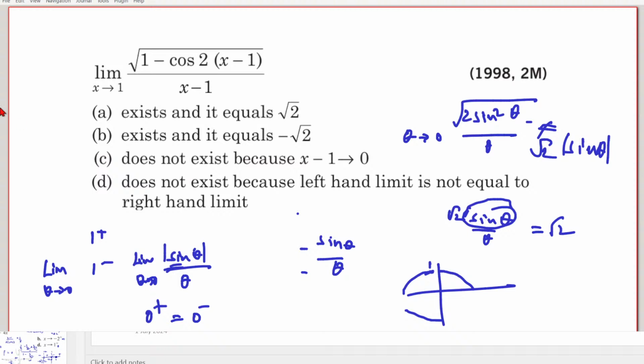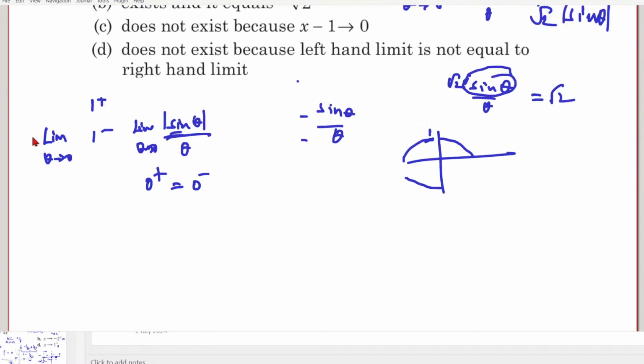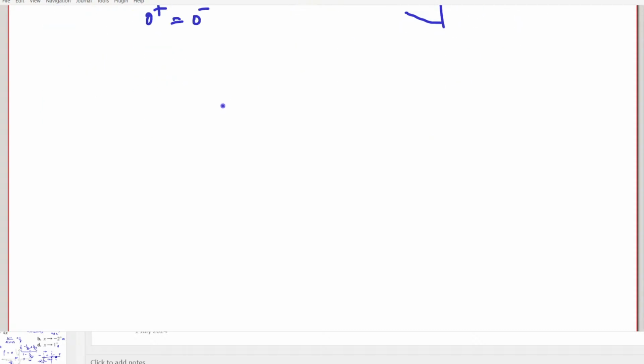It is like this question only. What is absolute value of sine theta by theta when theta tends to 0? What does this mean? When theta tends to 0 plus, it means sine theta by theta, because sine theta is positive. What is the sine theta graph?